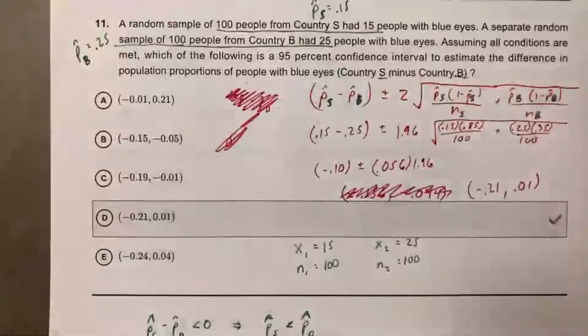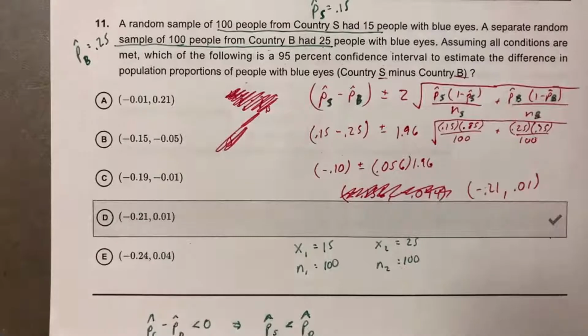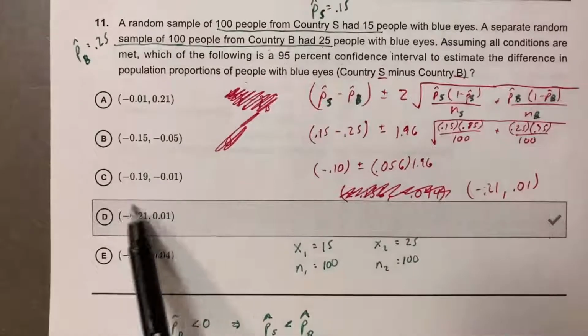If we were to have this come back as a real sample here, anything in this interval is plausible at the 95% confidence level, which means it's plausible to say that P_S minus P_B here is less than 0 because negatives are in that interval.